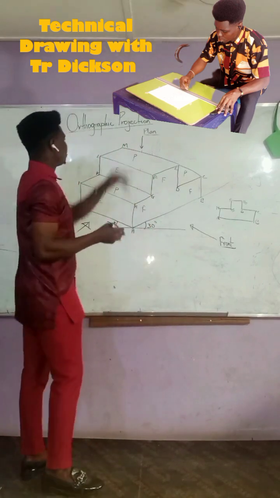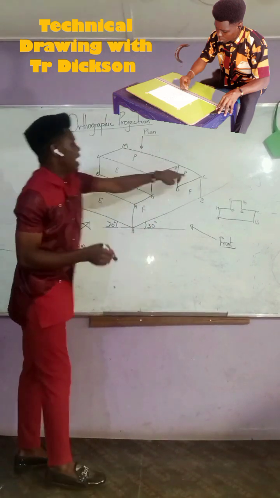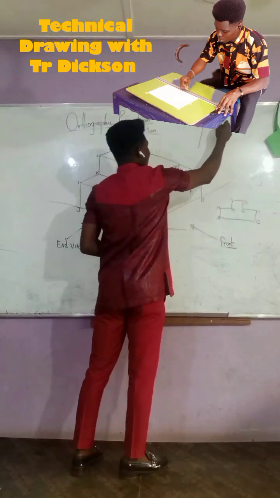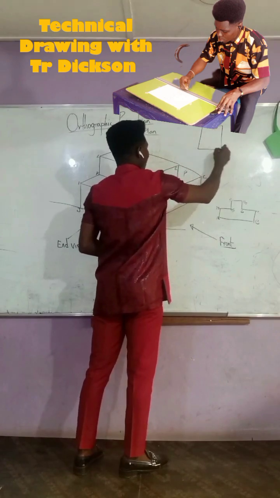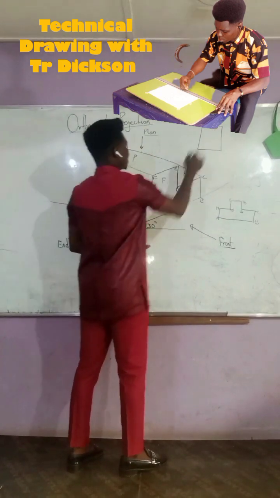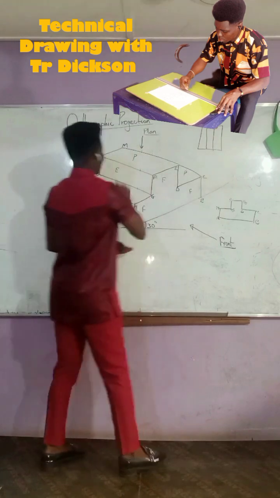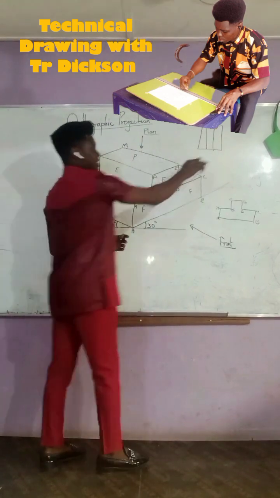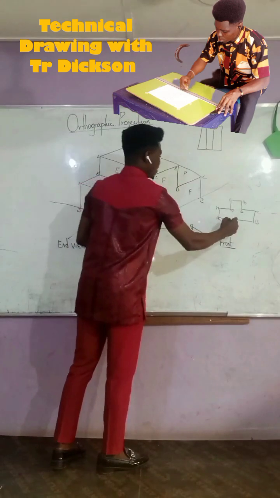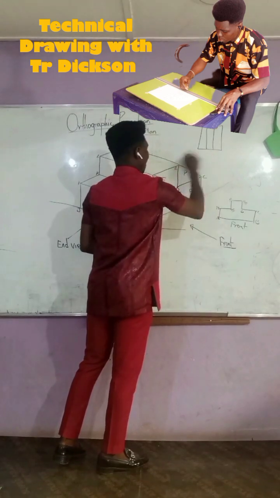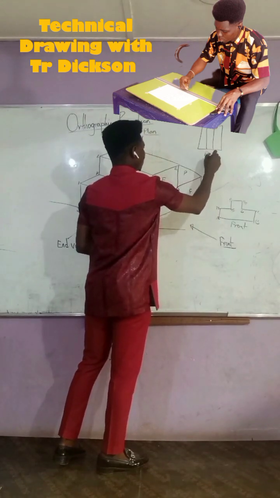Now let's see what will happen in the plan. Remember, this is P, E, and E. So the plan will look somewhat like this. We have this face, and this face. These faces will be divided into three. So we have this, and this, and this. So this can be the front, and this is the plan.